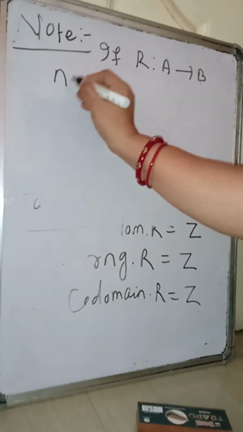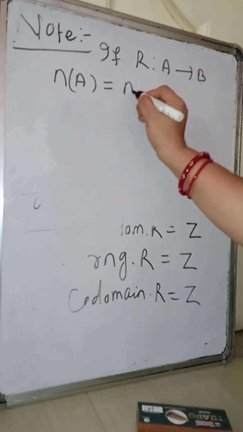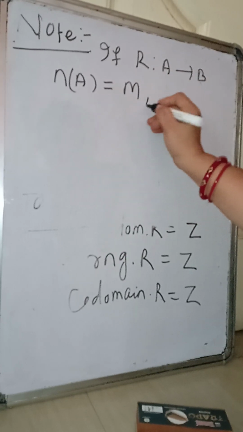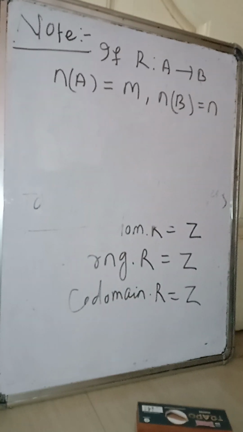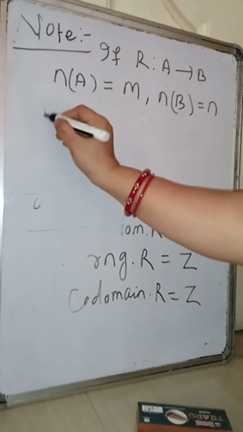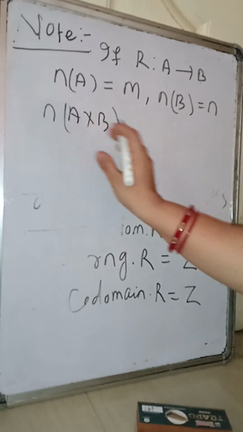Now suppose the number of elements of A is M. How many elements are there in set A? M elements. And the number of elements of B is N. How many elements are there in set B? That is N. So if you are finding the Cartesian product of these two sets, how many elements will you get in the Cartesian product of the two sets?